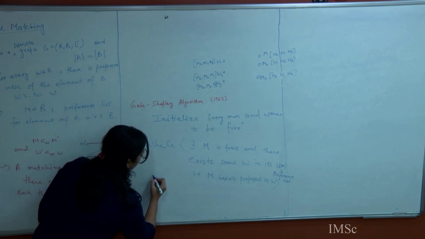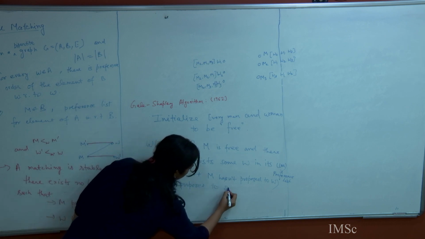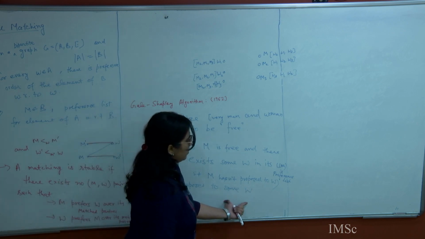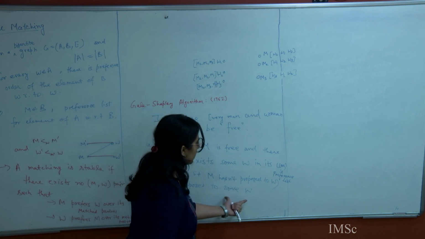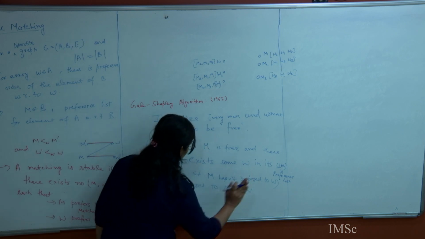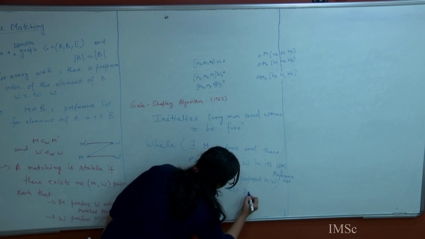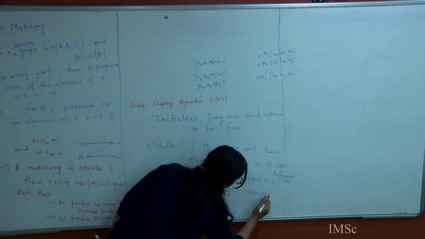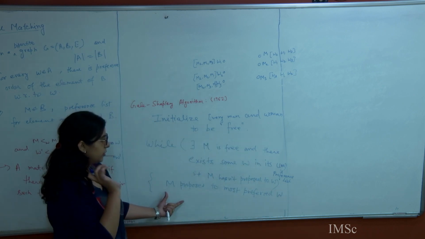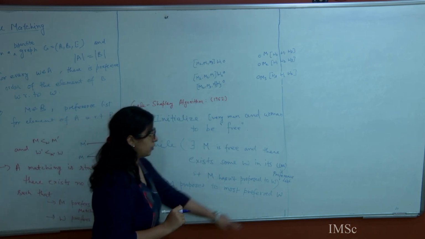So M proposes to some W, any W whom he has not proposed to yet. Maybe there are two women; he proposes to the most preferred woman whom he has not proposed to yet.